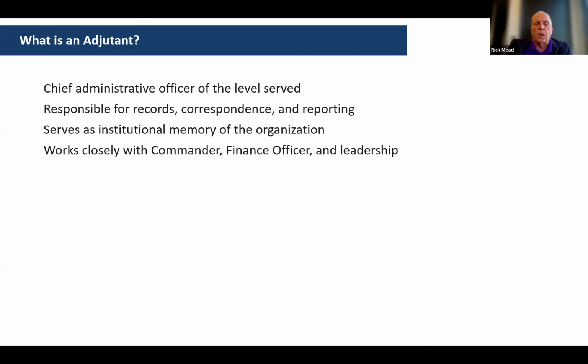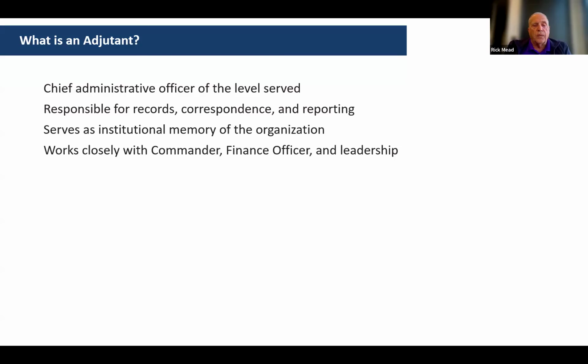You're responsible for records, correspondence, reporting. You serve as the institutional memory of the organization. So things that happen, whether it's at a conference or a district meeting or an event, you want to be able to document those and keep records of what has occurred, because that's the other work that you're doing on an ongoing basis.